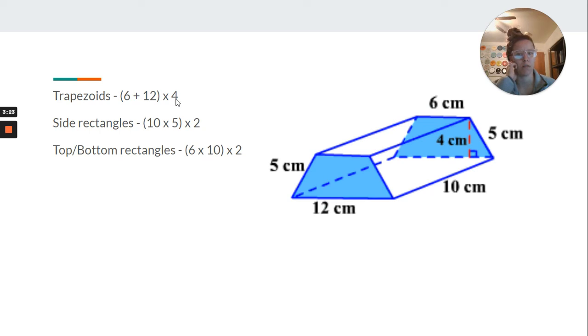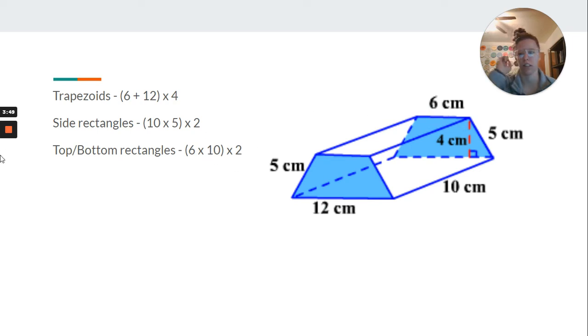So 6 plus 12 times 4, and then we do it times 2 because there are 2 of them. Okay. Then we have the side rectangles that are the same over here and here. So 5 times 10 times 2, because there's 2 of them. And then the top and bottom rectangles.